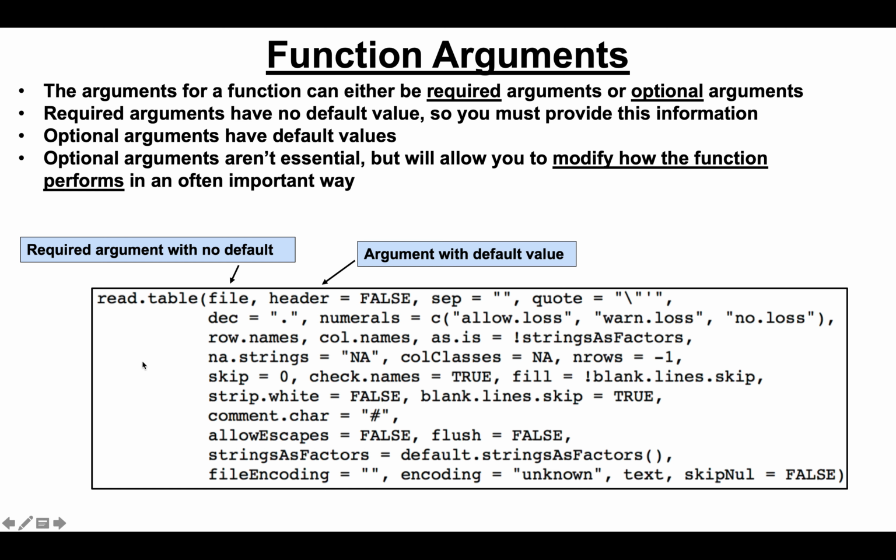When reading that data set in, you'll need to take advantage of the skip argument to skip those first 10 rows of text in order to get to your header or your first row of the actual data set. And that is just an introduction to required and optional arguments, taking a look at read.table.